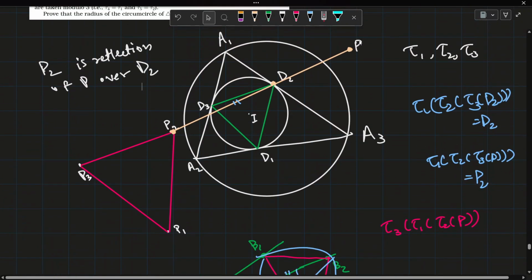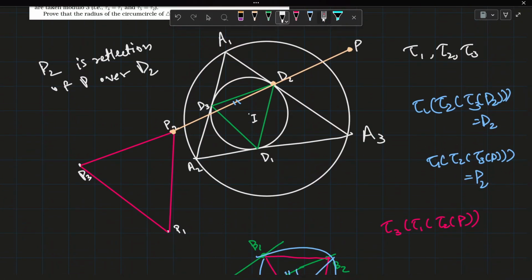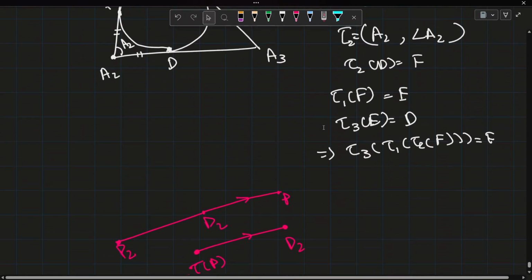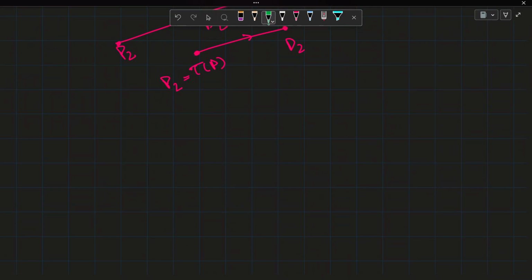If we consider P as origin, then these points P2, P1 and P3 are basically dilations of the points D1, D2 and D3. So what we can conclude from this is that the circumradius of P1, P2, P3 is twice the circumradius of D1, D2, D3. This is the last step.